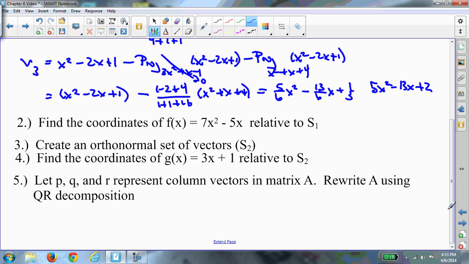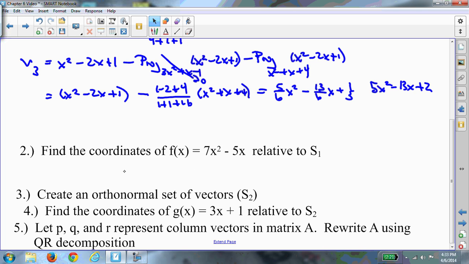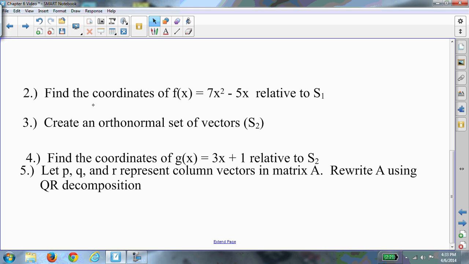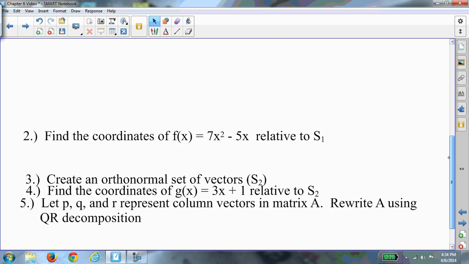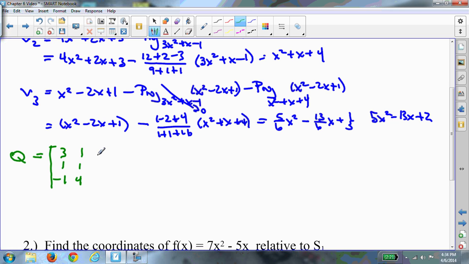Alright, so a couple of things before I start talking about the coordinate system. First of all, these are orthogonal vectors. So notice if I were to define a matrix Q with these as their column vectors, it would be something like 3, 1, negative 1, 1, 1, 4, 5, negative 13, and 2.